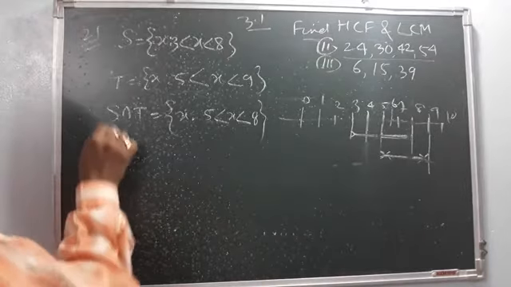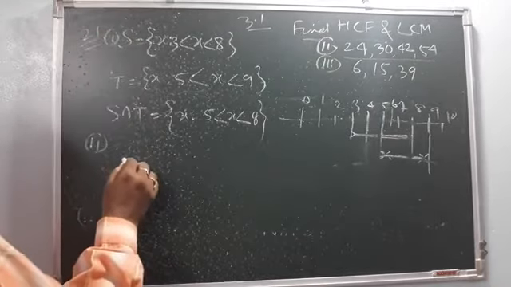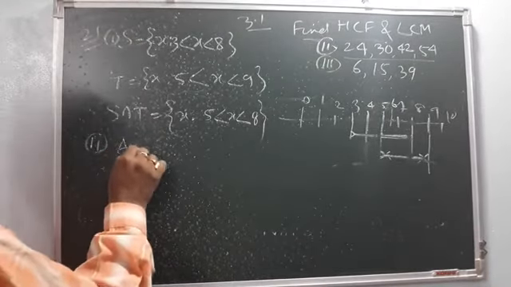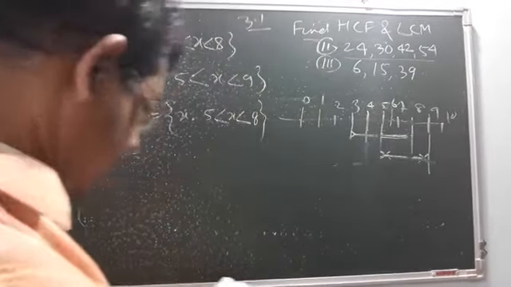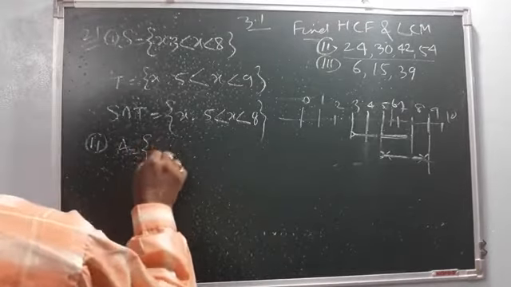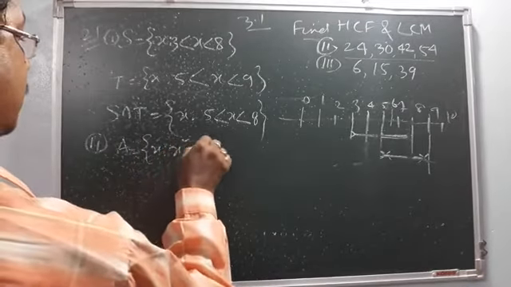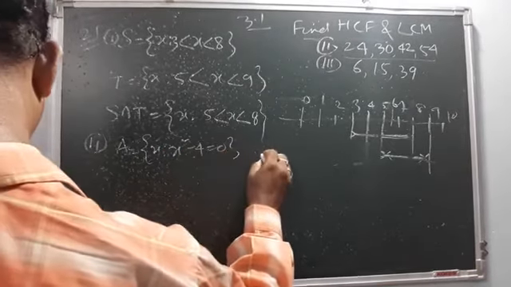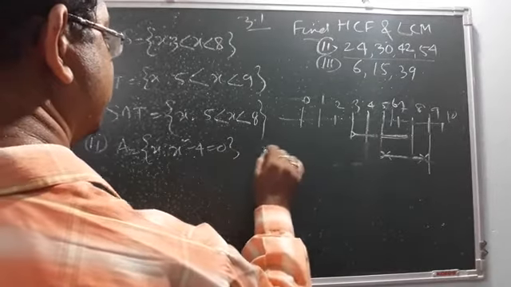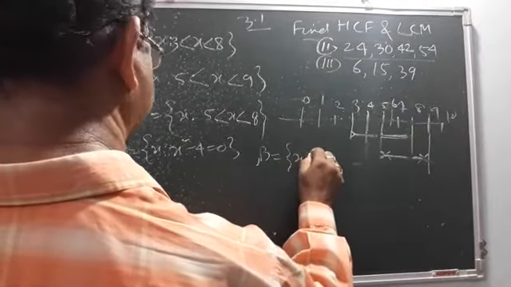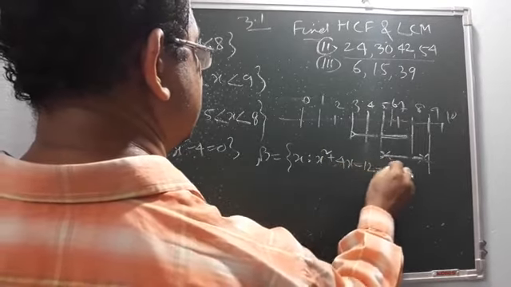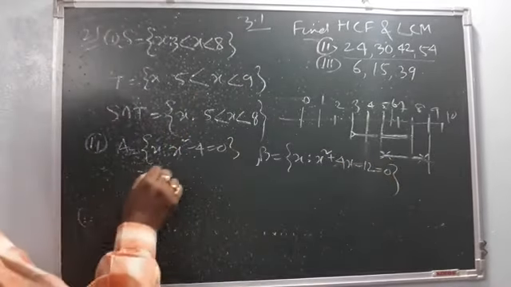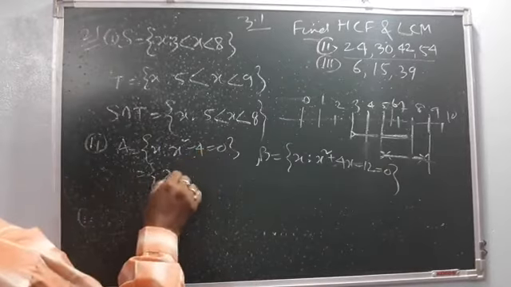Similarly, number 2, A is given as x square minus 4 equal to 0. B is x such that x square plus 4x minus 12 equal to 0. This one will give x as minus 2 and plus 2.